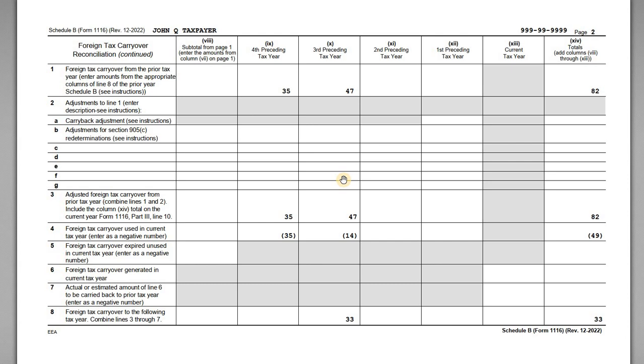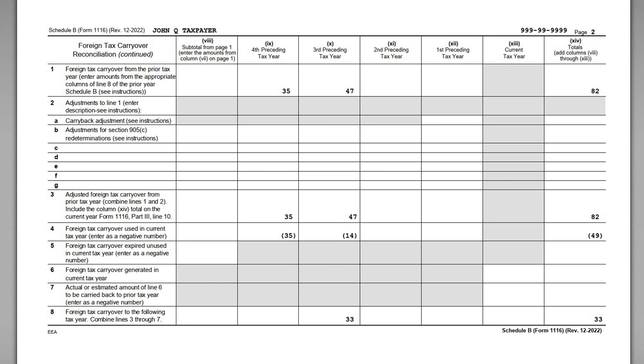So based on what we were able to apply for this year, we can use all of the current year, 375. We can absorb the 2018 amount for $35, and then we can use $14 from the 2019 foreign taxes paid. So 47, 14's used, $33 is remaining. Remember our check figure, $33 is the amount of credit that we still cannot use, and this is going to have to be carried forward again.